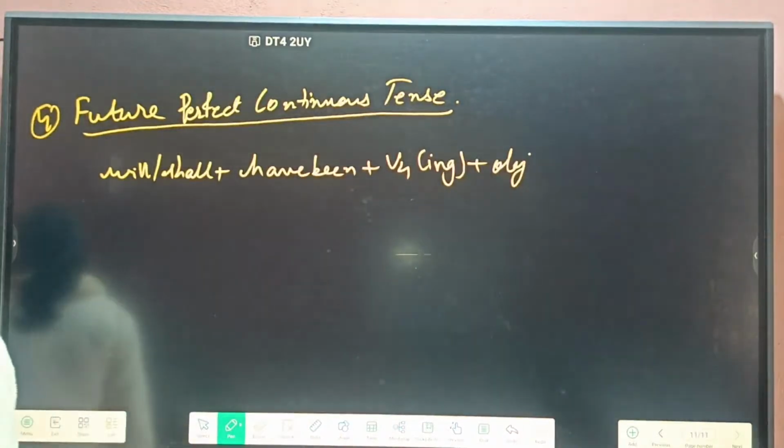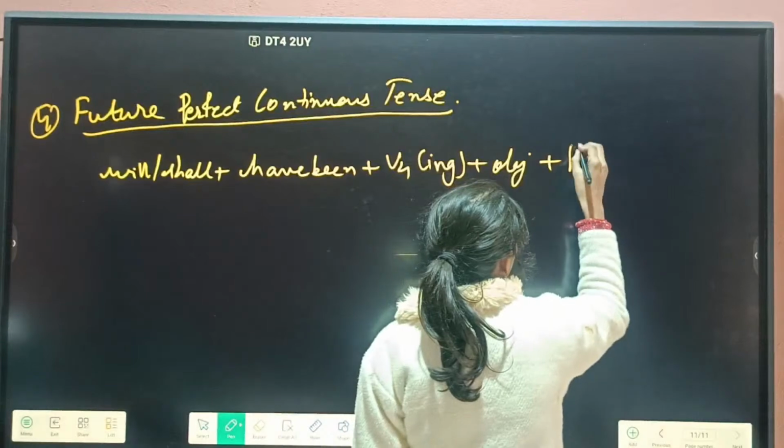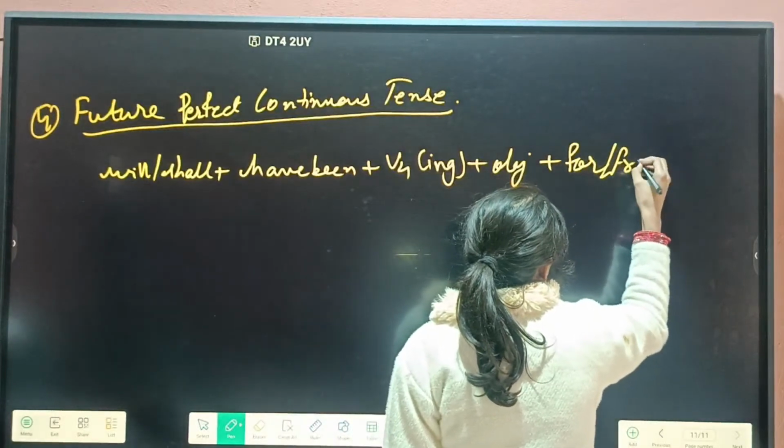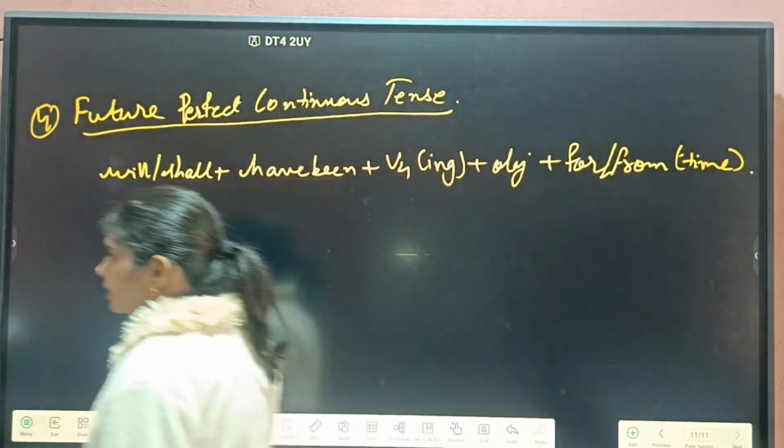Okay, and here also we will use for or from for the time. Here you will indicate the time, at what time your action will be started.